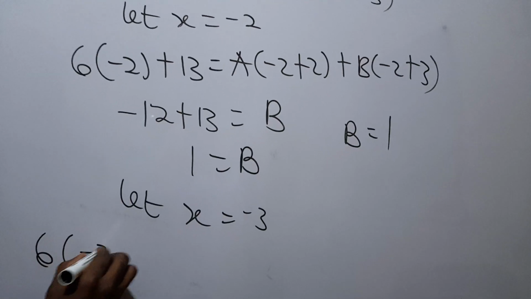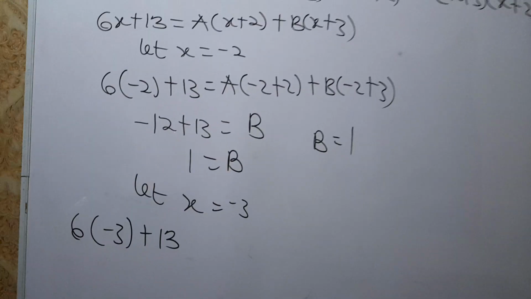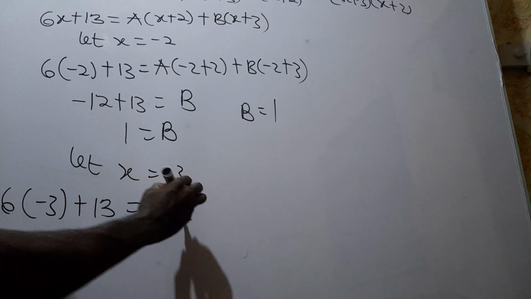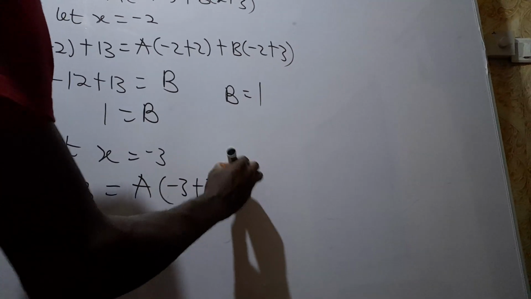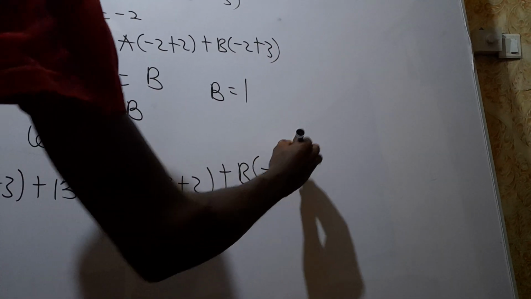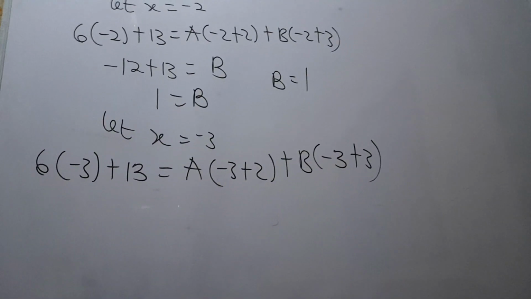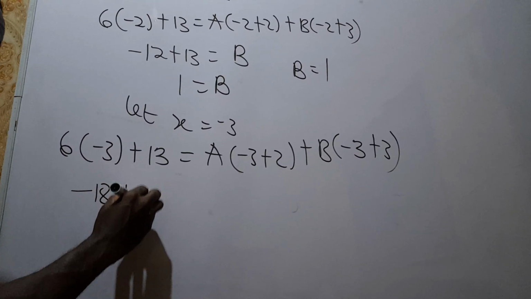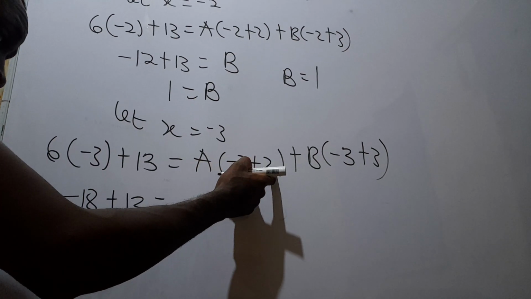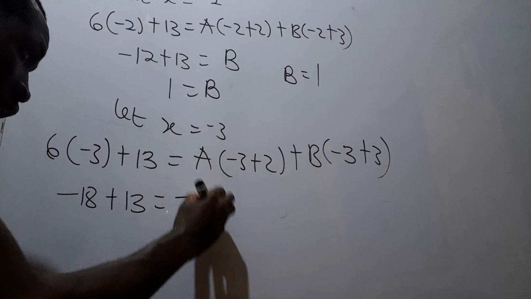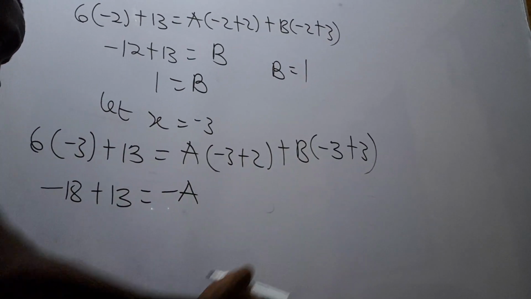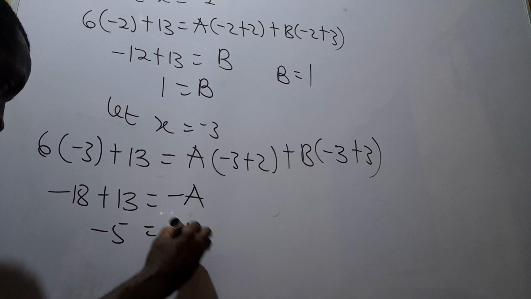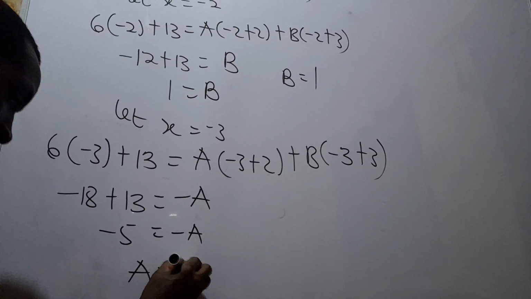So we get 6 times negative 3 plus 13 equal to A bracket negative 3 plus 2 plus B bracket negative 3 plus 3. 6 times negative 3 is negative 18, plus 13, equal to negative 3 plus 2, which is negative 1, times A, so negative A. Negative 3 plus 3 is 0, times B is 0. Negative 18 plus 13 is negative 5, equal to negative A. So we can say A is equal to 5.